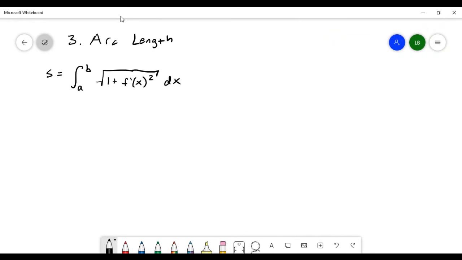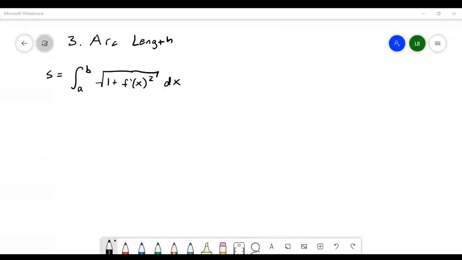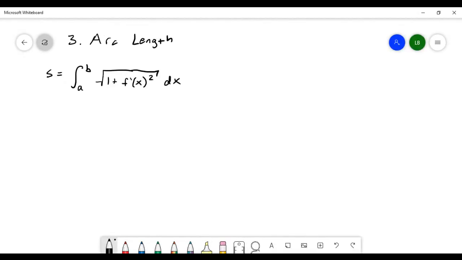This comes from the Pythagorean theorem, but it's not super obvious, and we don't have time to get into the proof, so I'm not going to do that. Let's do one quick example.